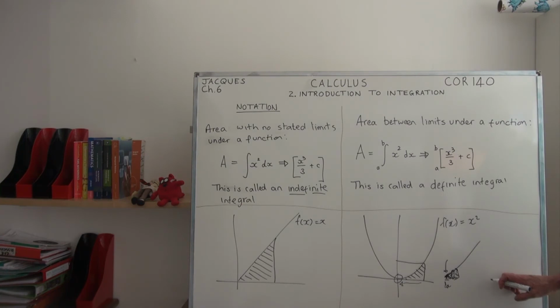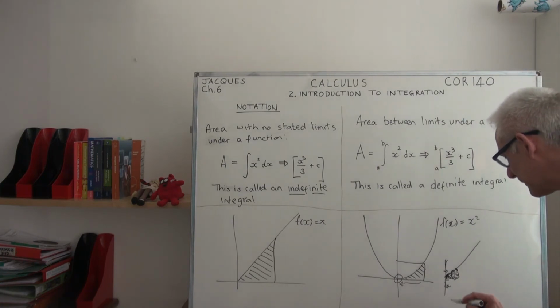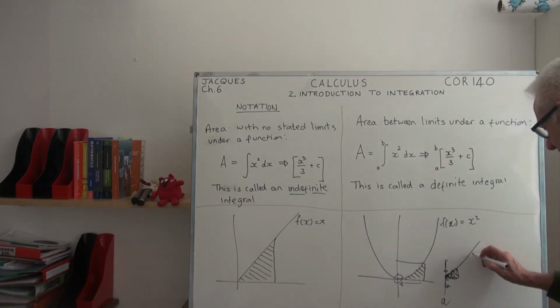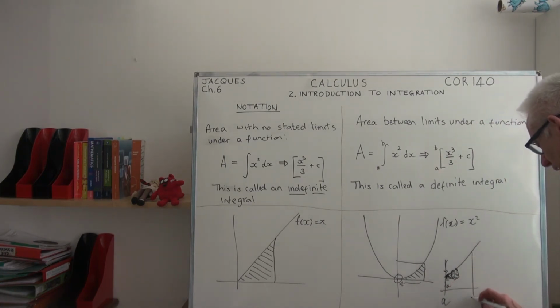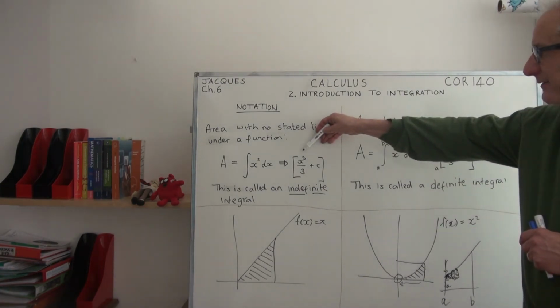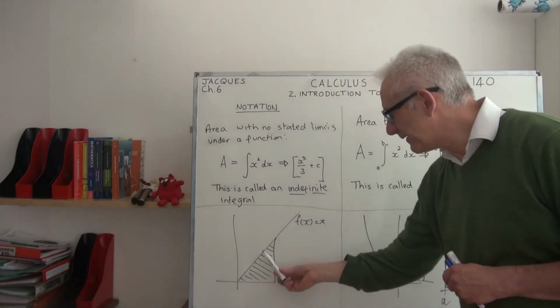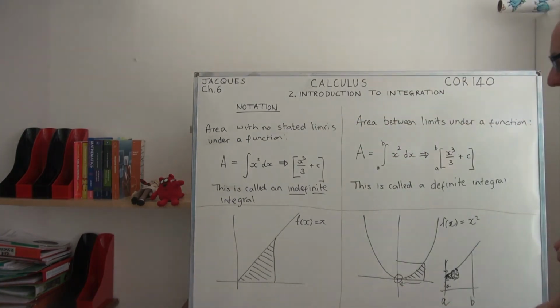We find the integral of all of these little areas added together. And the way we do that is to find some limits, a bottom limit here of a, and an upper limit here of b, and apply our antiderivative, because that antiderivative is giving us the area under a straight line.